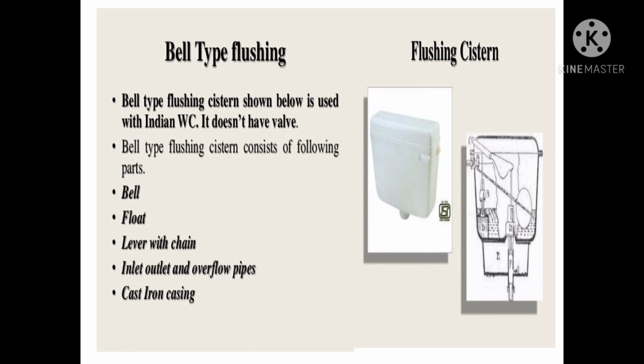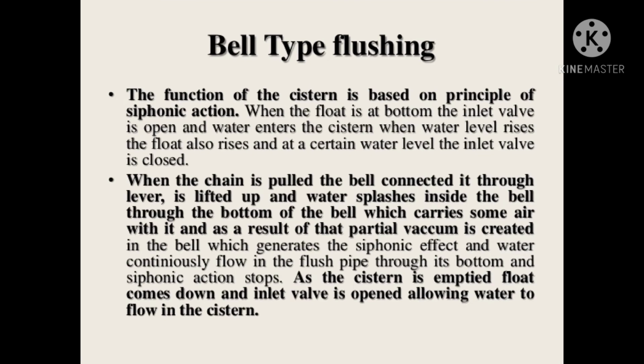When the float is at the bottom, the inlet valve is open and water enters the cistern. When the water level rises, the float also rises, and at a certain water level, the inlet valve is closed. When the chain is pulled, the bell connected to it through the lever is lifted up and the water splashes inside the bell through the bottom of the bell, which carries some air with it.